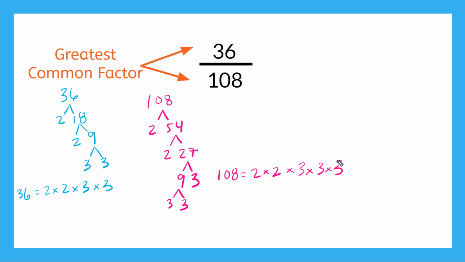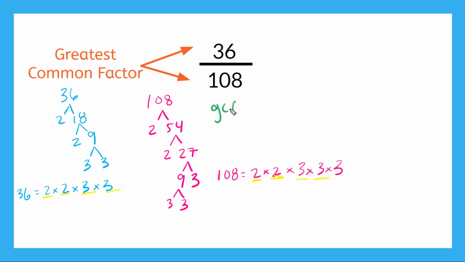Okay, what's our next step? Yeah, we find those matching factors. So I have a 2 here, and I have a 2 here, a 2 here, and a 2 here, a 3, and a 3, and a 3, and a 3. So all four of those factors are going to be in our greatest common factor.